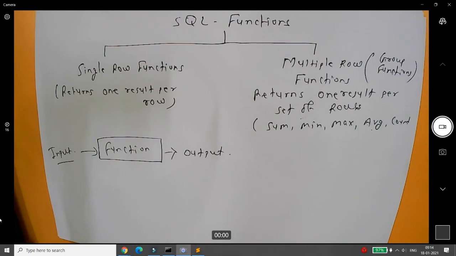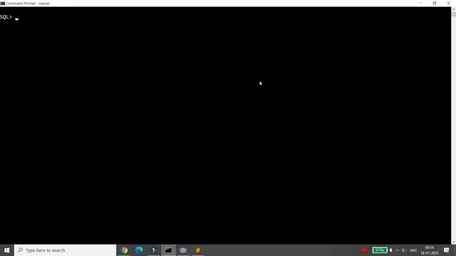Let me give you a wonderful example. Suppose I want to convert data into lowercase, how can we do this? There is a function, for example LOWER, which is used to convert any character value into lowercase.